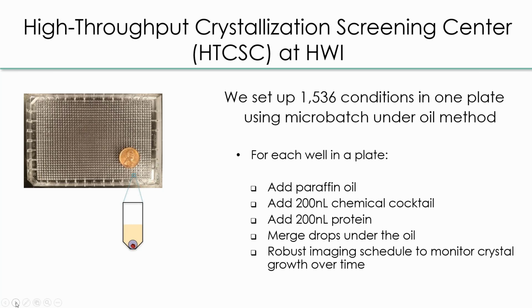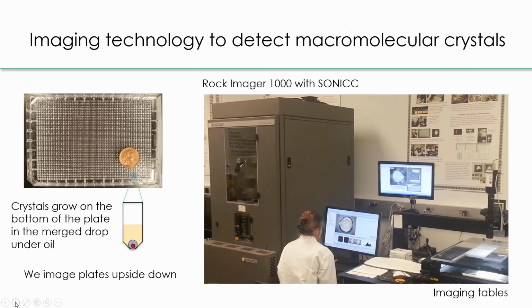One of the things that is a little bit different for us is that our crystals grow really only at the bottom of the plate in the merged drop that's under oil. And so we have to image our plates upside down.